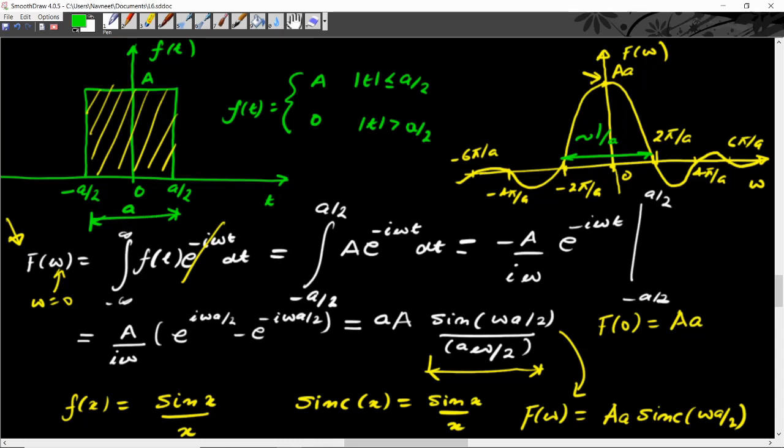So that suggests that if I make this pulse wider or broader in time domain, this Fourier transform will become narrow in frequency domain. And we'll see that such behavior is a characteristic of the Fourier transform, and we'll discuss this through examples of other signals.